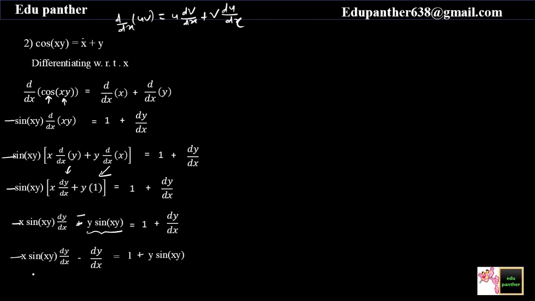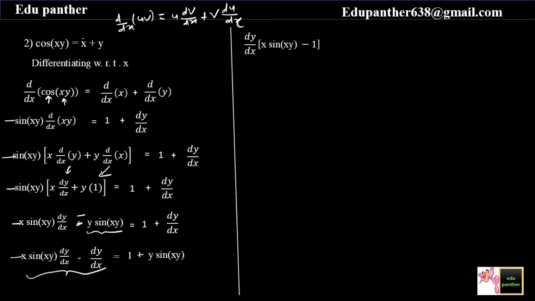Now concentrate on this left hand side. Here we have to find dy by dx. So take dy by dx common from these two terms. We will get dy by dx times minus x times sin of xy minus 1, equal to 1 plus y times sin xy.